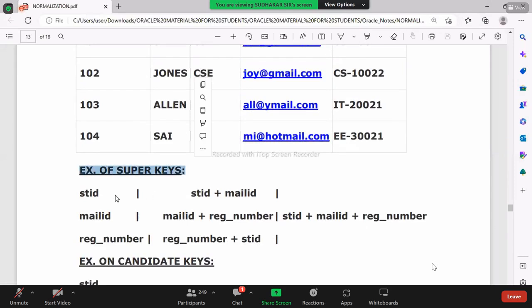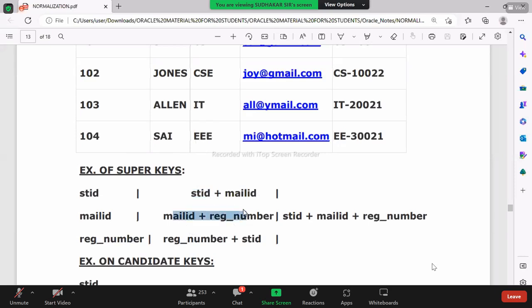Examples of super keys. What are they? Individually, first, student ID is 1 super key column. Mail ID is 1 super key column. Registration number is 1 super key column. This is individual performance. Next, combinations. Student ID and mail ID also maintain uniqueness, so it is also a super key.